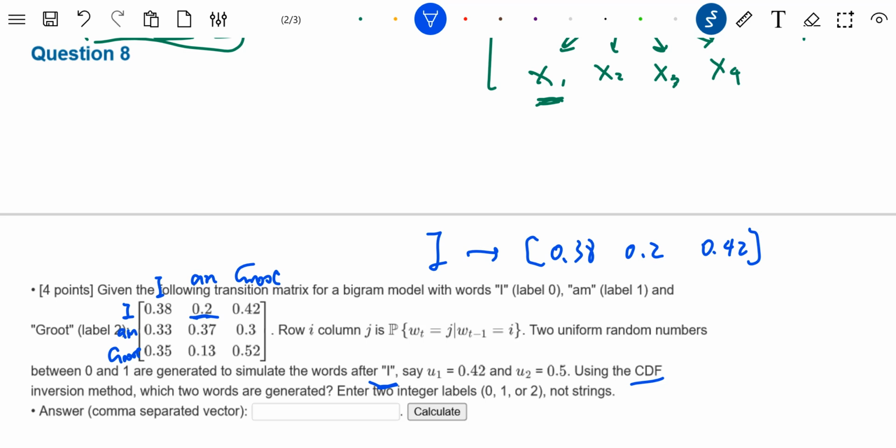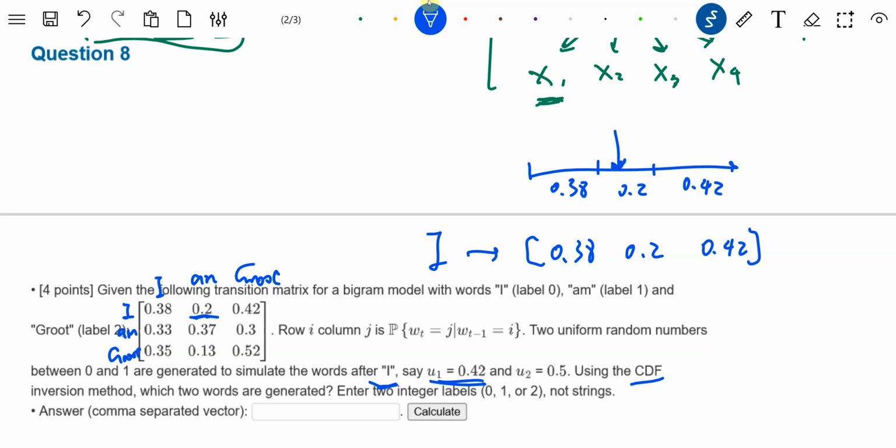One way to do this is to draw the number line, with 0.38, this 0.2, 0.442, and then you pick a random number that's 0.42, basically somewhere here.